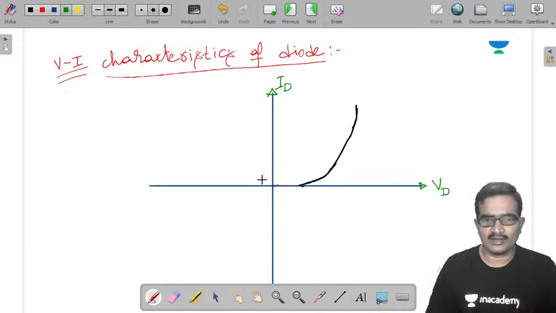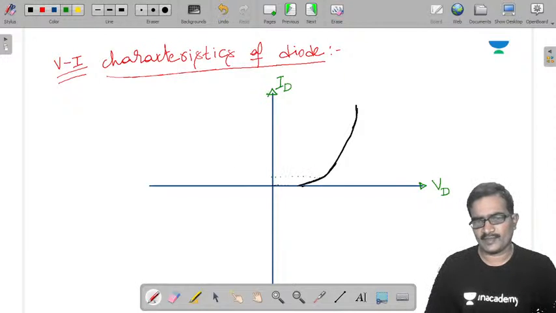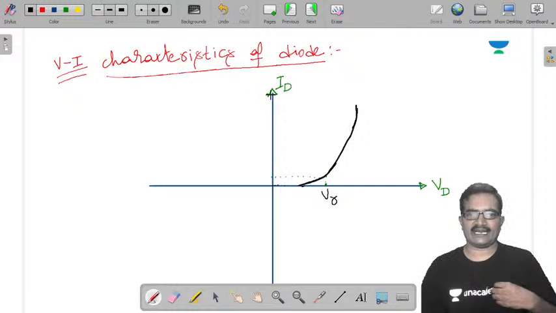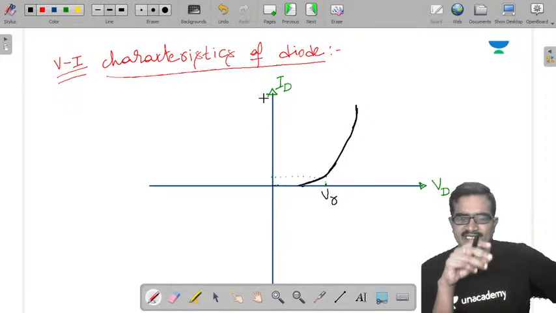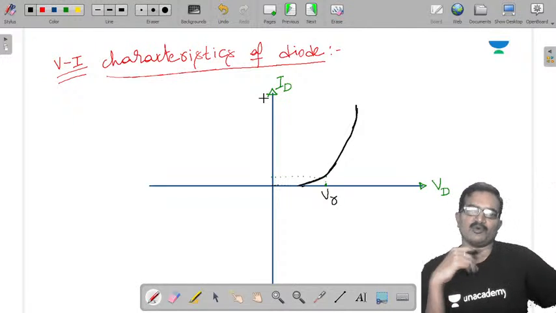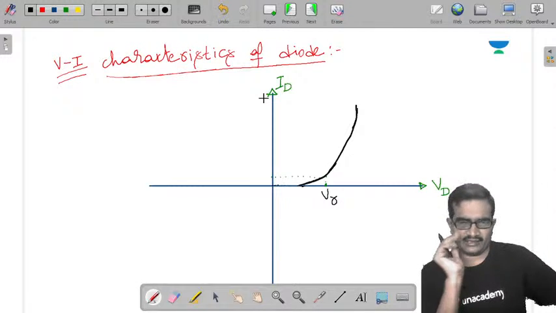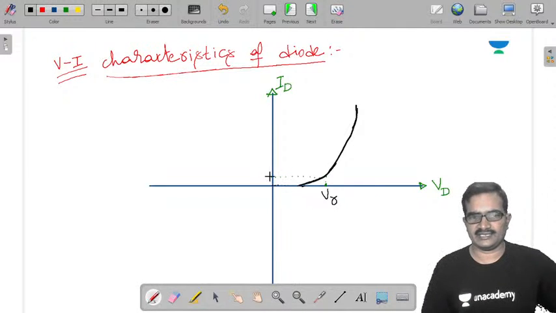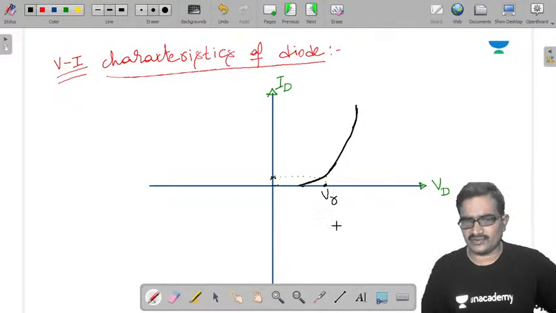Now there is a voltage that we call V gamma, the cut-in voltage. There is a rated current, that means the maximum current of the diode. If the current is more than that, your diode will be damaged. At 1% of that rated current, the voltage you are applying across your diode is called the cut-in voltage, V gamma.